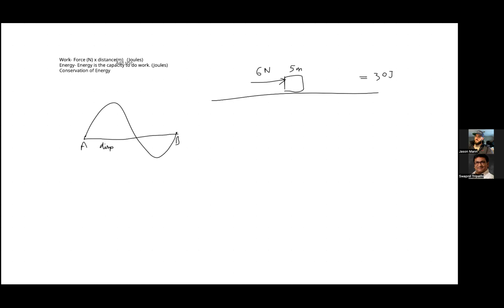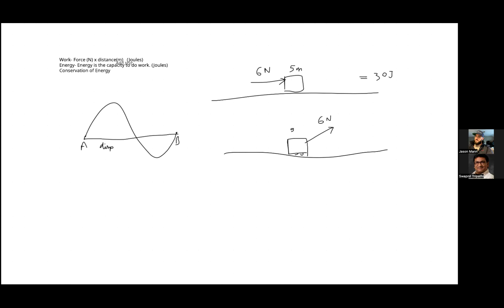That's okay. So when calculating work, the force that we consider should be in the direction of the displacement. So suppose you are dragging luggage at the airport, right? And you are applying the force in this direction, and it is also 6 newtons, and also you go 5 meters.